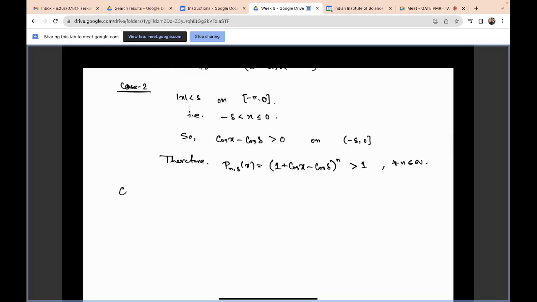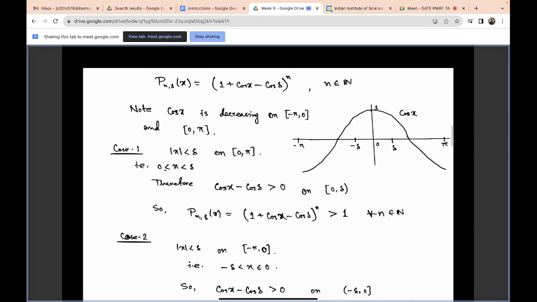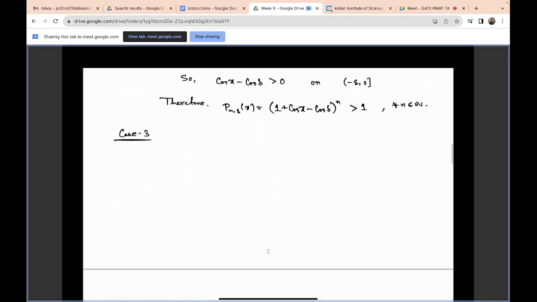Now case 3, when x is lying in the range bigger than delta and less than pi, positive x which is bigger than delta. So delta less than x less than pi.